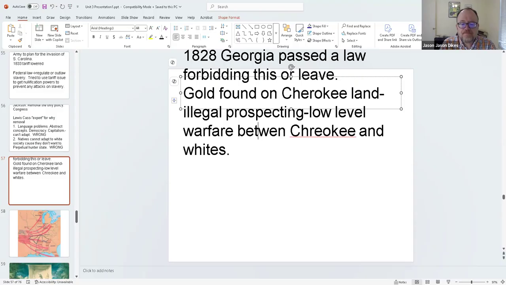Oh, I'm just misspelling words all over the place today. There we go. So yeah, two strikes against the Cherokee on that one. They're attempting to live under their own laws, and gold has been found. So you know how this is probably going to go.